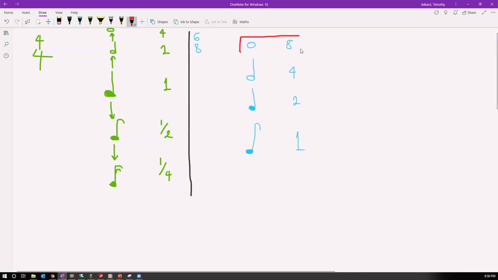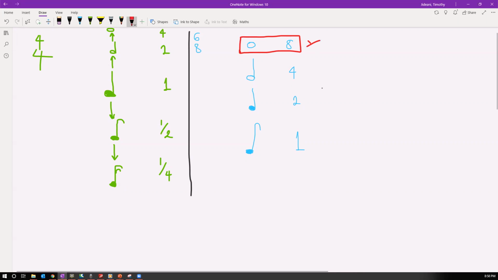But remember, you may not have this, because in one bar and one measure, how many beats are you allowed? 6. So seldom would you find a whole note or semi-breve in this time signature, okay?